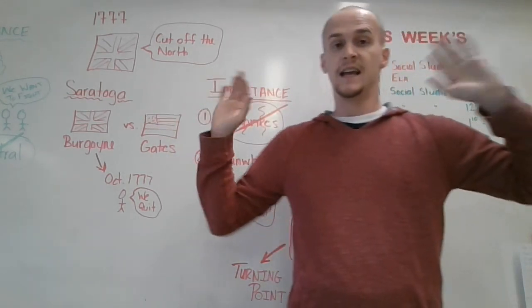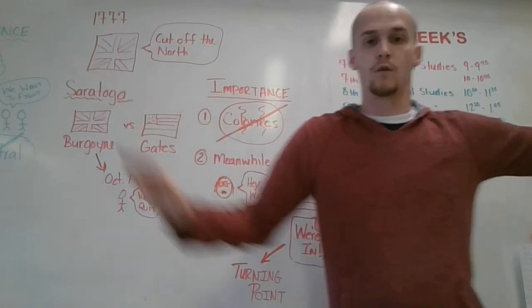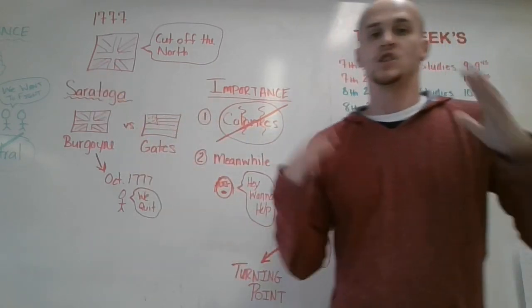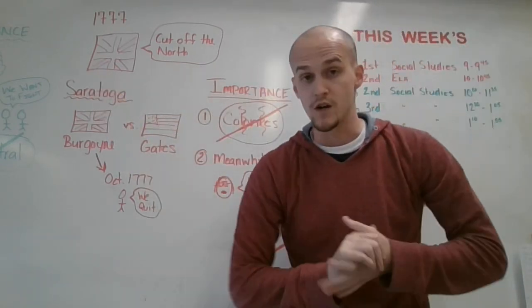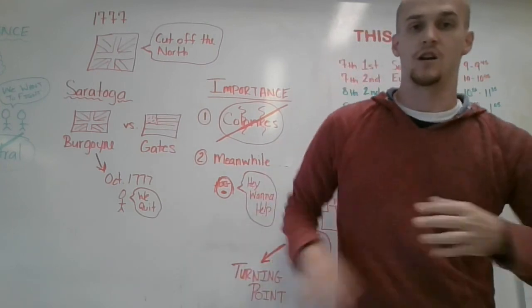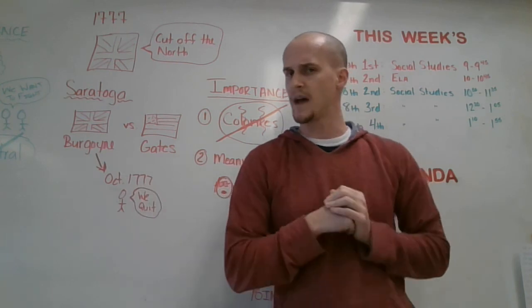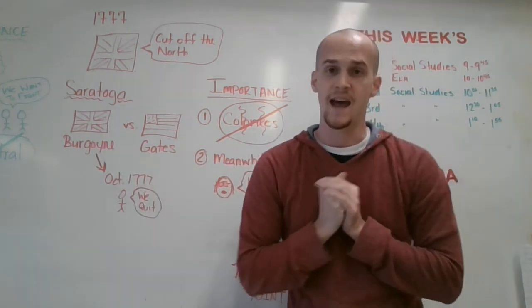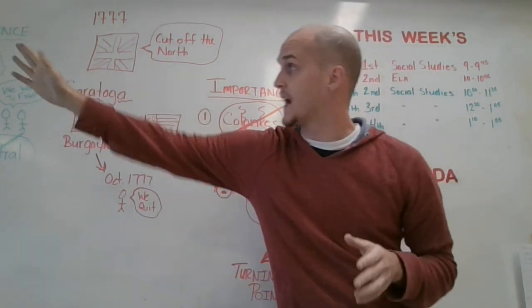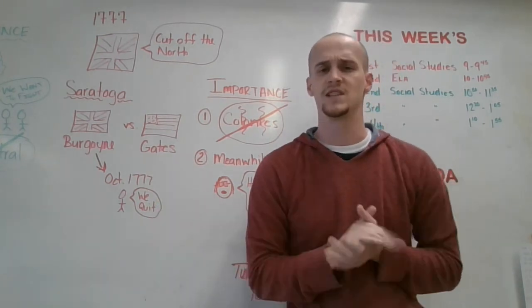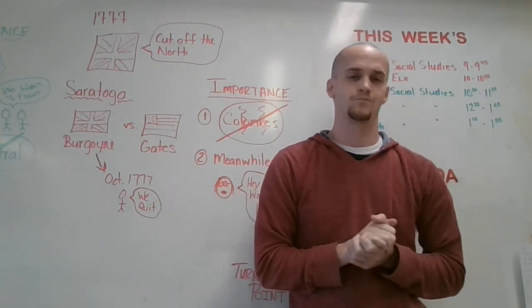We're going to stop right here in the early years of the war. We're going to stop at the major turning point. Going forward, you're going to see why this is a major turning point. You're going to see how all of a sudden the subsequent battles start to change. The advantage that the British had when they were handing out L's throughout 1776 seems to go away.